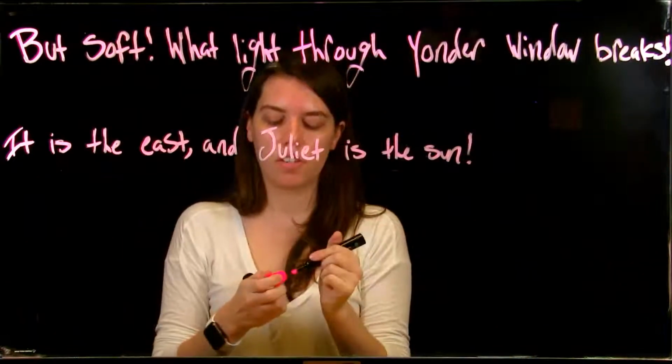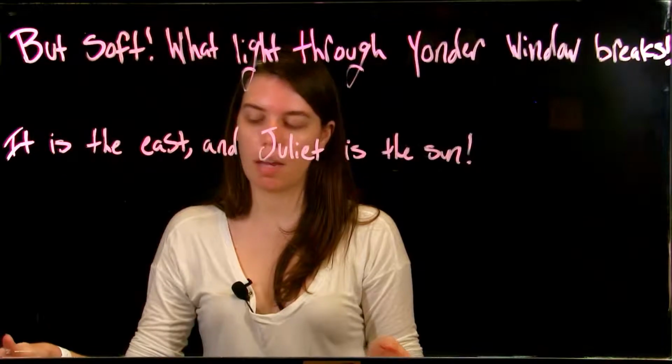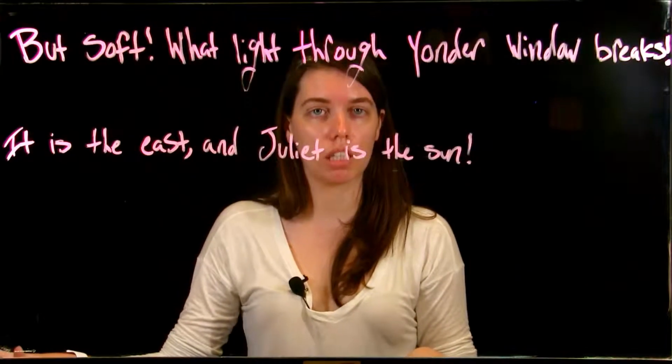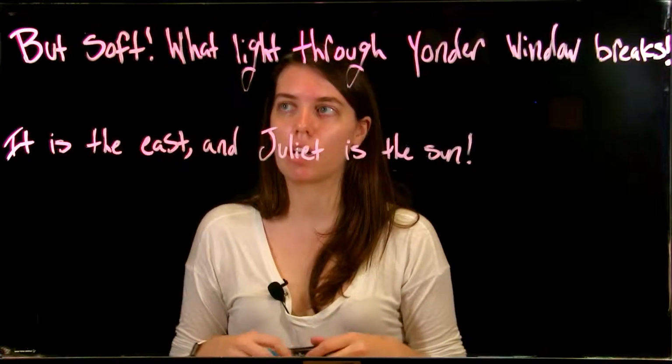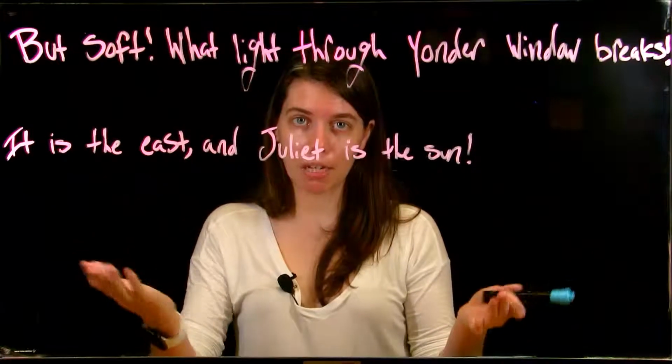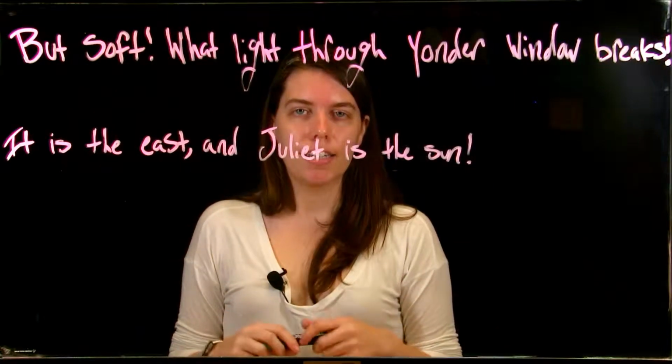Okay, so now that we've scanned a normal line of iambic pentameter and we're all feeling really comfortable about it, we're going to scan another line. Something that you obviously know is very famous. Let's scan it, see what happens.